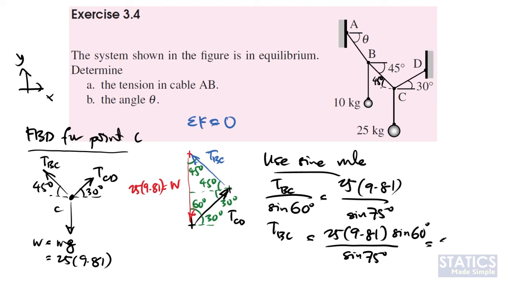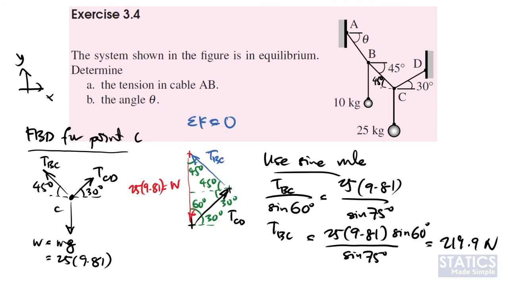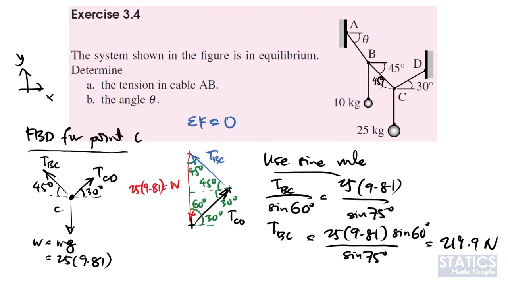219.9 Newton. Is it the same as the answer that we got before? Not the same? When I calculated TBC using the rectangle method, I got the same as the triangle method using the sine rule.